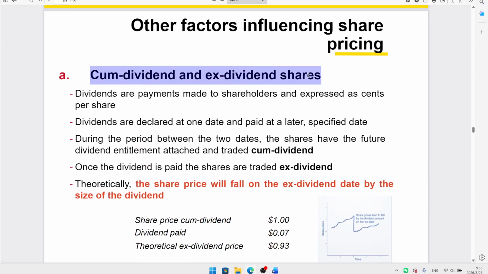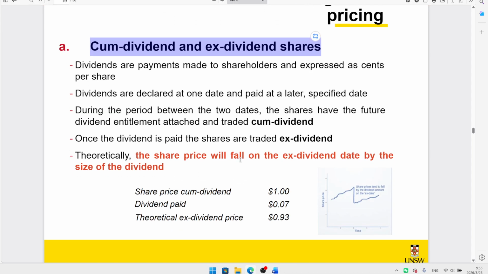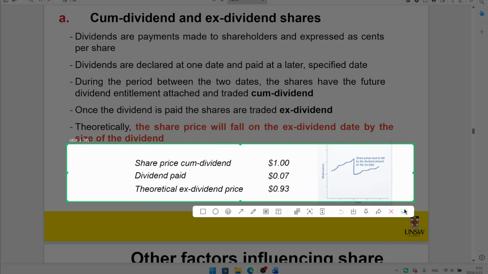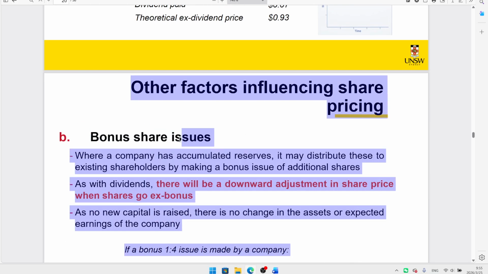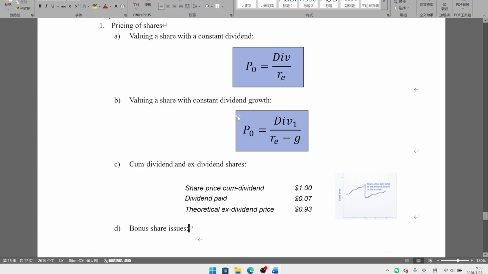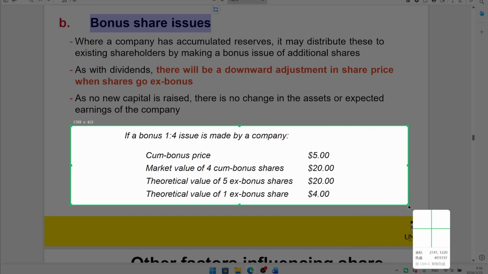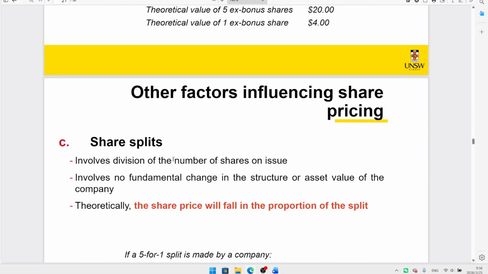So let's see the current dividend and ex-dividend shares. That's a very simple one. The next is bonus share issue. The bonus share issue is applied, and we can use a function. Next one is share split.